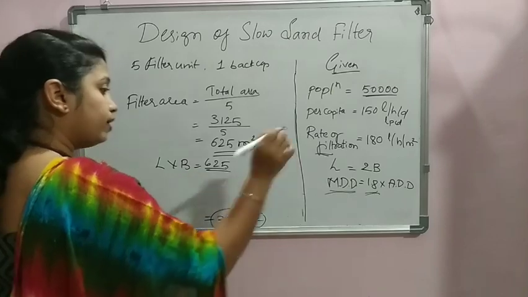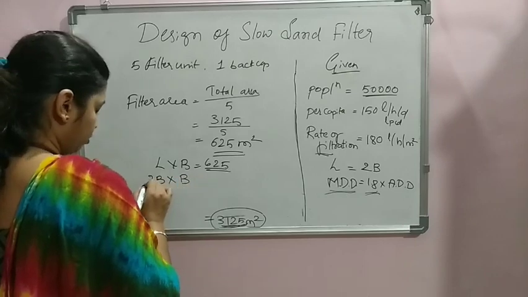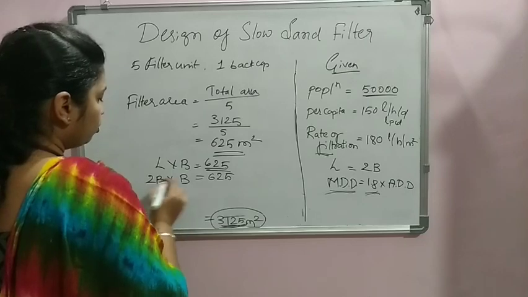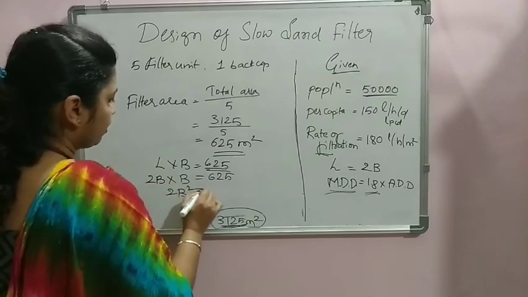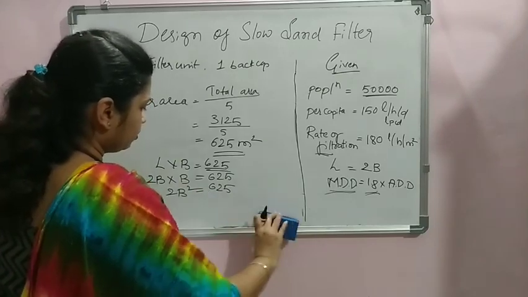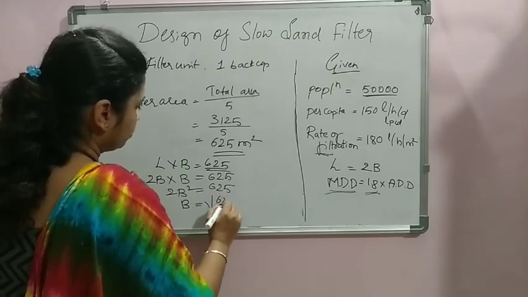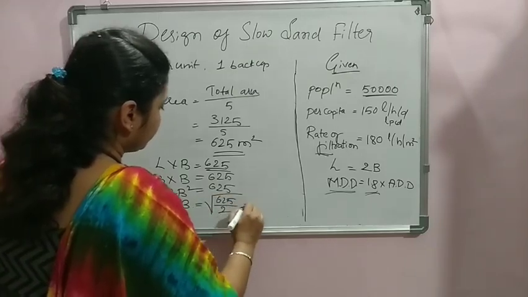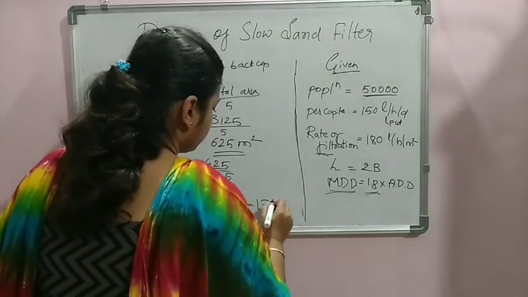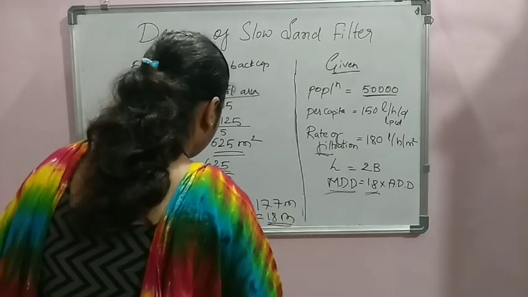Already they have given a condition that length will be equal to 2 times the breadth. So 2b into b is equal to 625. So 2b square is equal to 625, and after we solve it, b is equal to root of 625 by 2, and the answer for b comes to be 17.7 meters, which is nearly equal to 18 meters that we are going to consider.